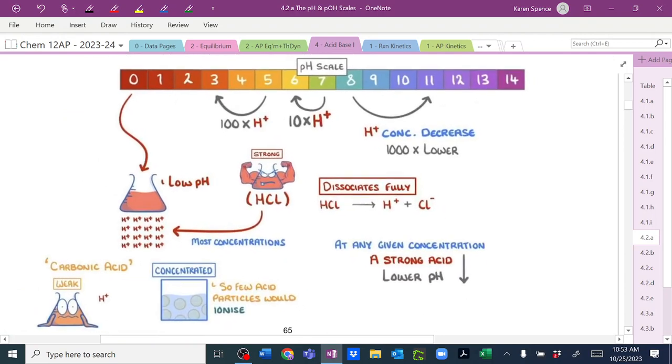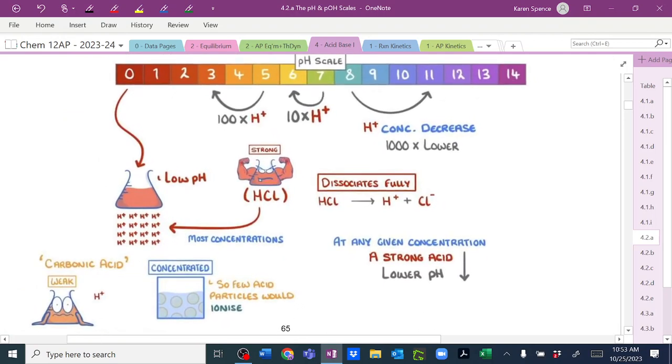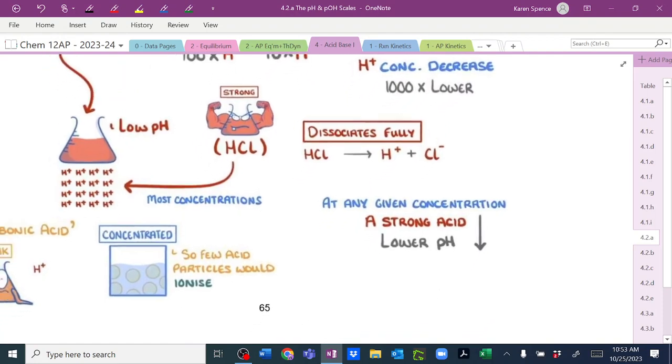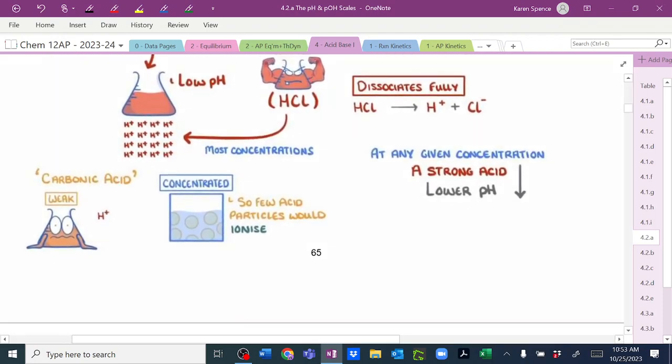So here's our strong acid. At most concentrations, you end up with a really, really low pH. Here's carbonic acid. It's a weak acid. How many hydrogens does it give off? Not very many. How many does HCl give off?